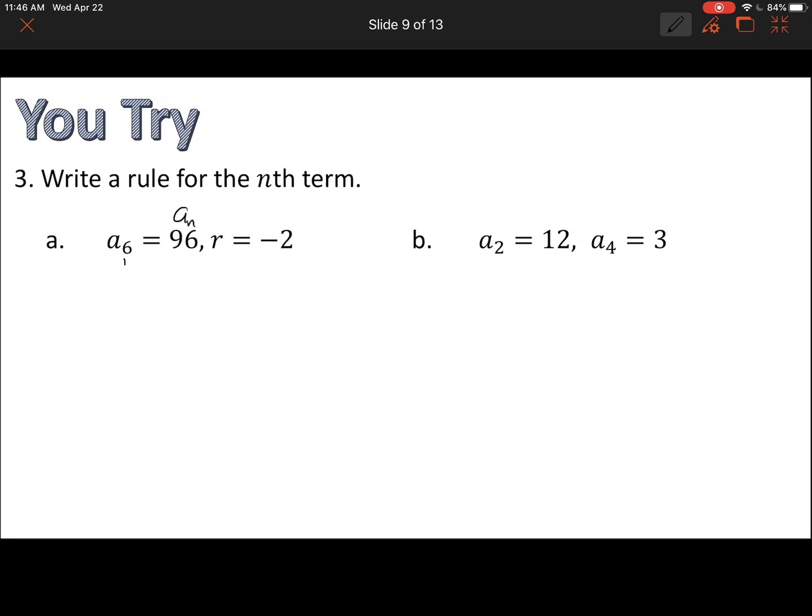So this is my a sub n, this is my n. So I have 96 equals a sub 1 times the r value they gave me of negative 2 raised to the n value of 6 minus 1. So I should be able to find a sub 1 pretty quick here.